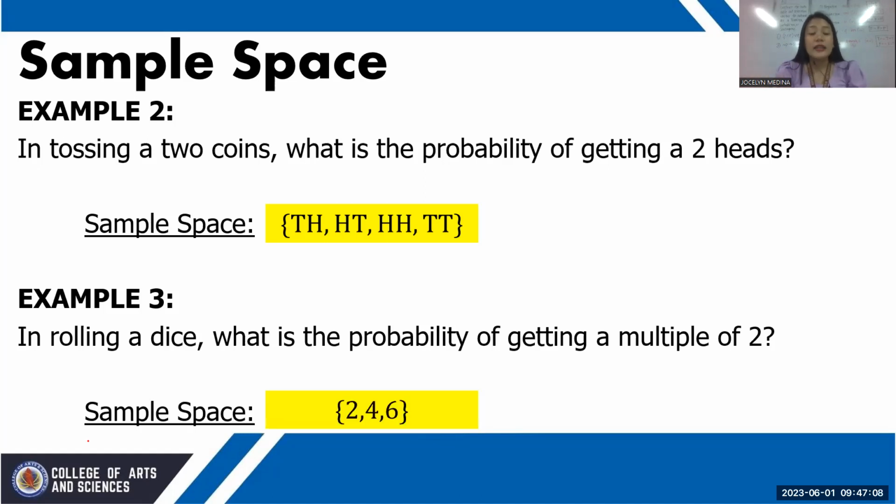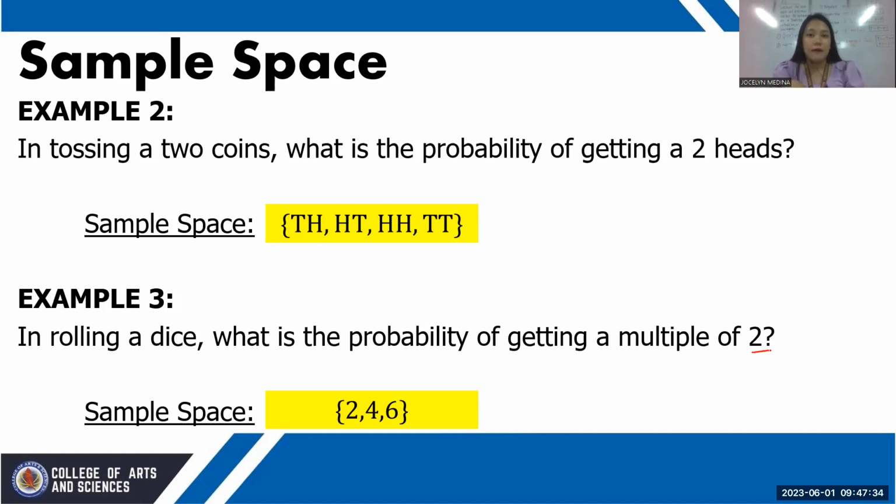So, yun yung ating sample space. Okay? Pero since ang nakalagay dito is multiples of 2, ang kukunin mo lang na sample space is yung mga multiples of 2, which is 2, 4, and 6. So when we talk about sample space, we are talking about possible outcomes when we do an experiment.